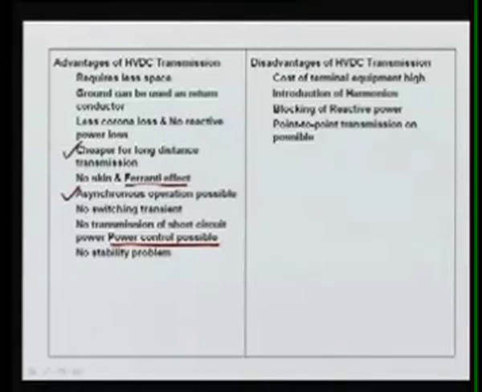But in DC, you can interconnect two different frequencies with the help of HVDC. So this is called asynchronous operation. As we saw in the example of Gotland Island, which was interconnecting the Sweden mainland and Gotland Island, both were operating with different frequencies, and then it was only possible to go for this HVDC system. So this is one of the great advantages, that we can interconnect two different frequency systems.